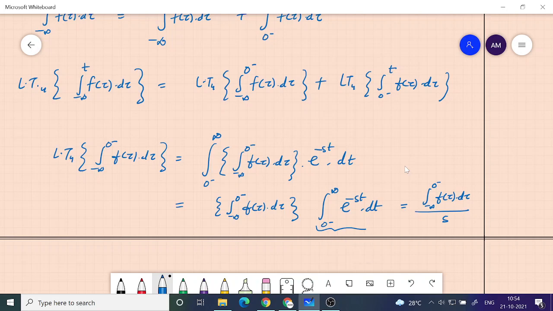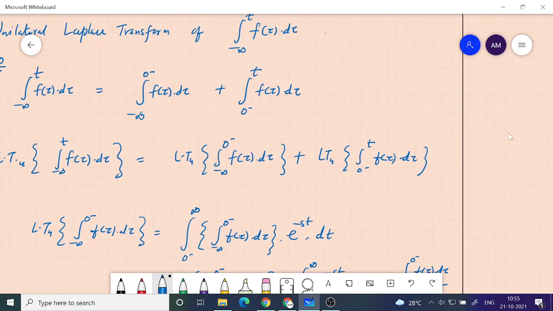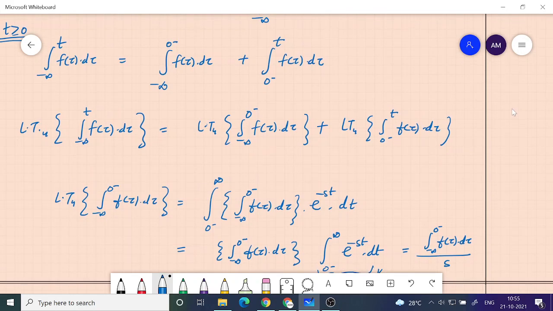We have earlier found that the Laplace transform of the unit step function is equal to 1 by s, multiplying with this factor that we took out of the integral, which is a constant. So that is number 1. Now we need the Laplace transform of the second part, and finally the total result is the sum of these two.